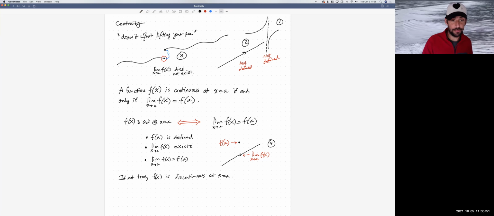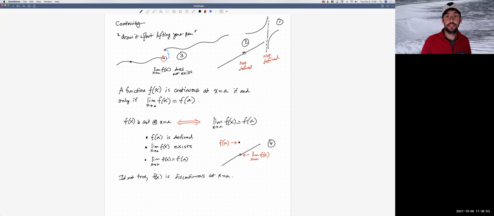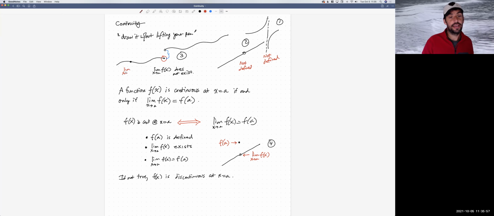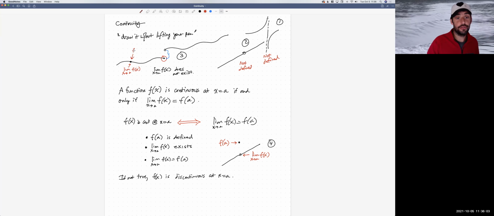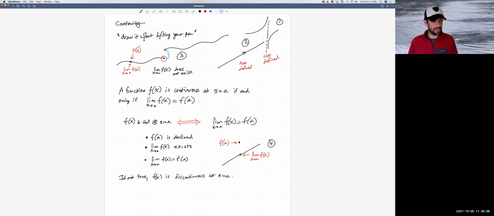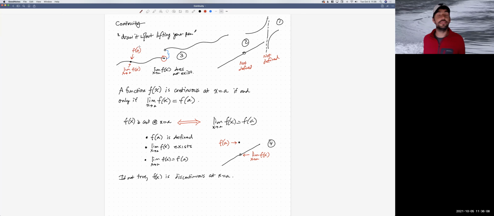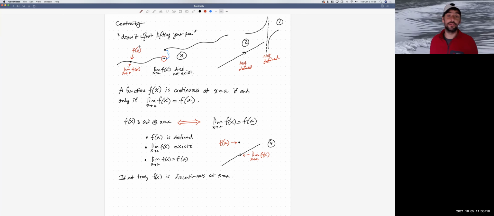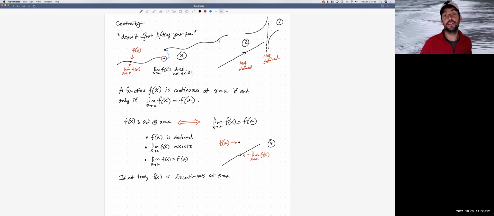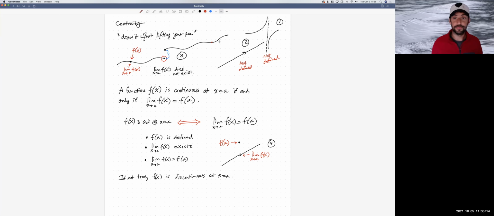If I pick some random point right here, this is the limit as x goes to whatever value this is at that point, but it's also the value of the function. They're the same thing, right? What the function looks like it's going to do, it does, and so it's continuous. And any of these points here, that would be true.